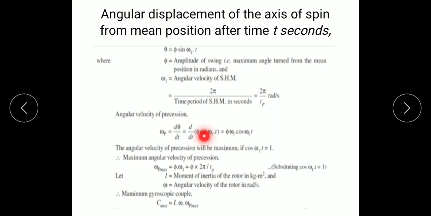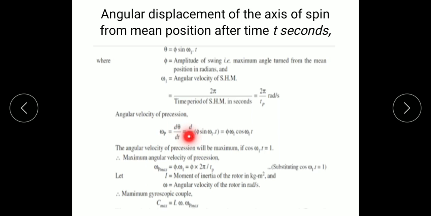We already found this in the gyroscopic couple topic, I think the second topic. So here we take omega p equal to d theta by dt, where theta equals phi sin omega 1 t.